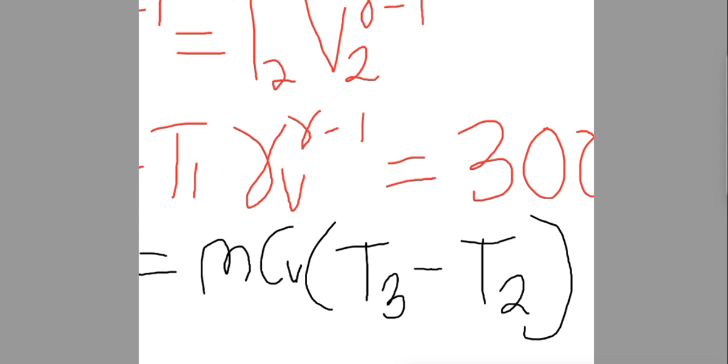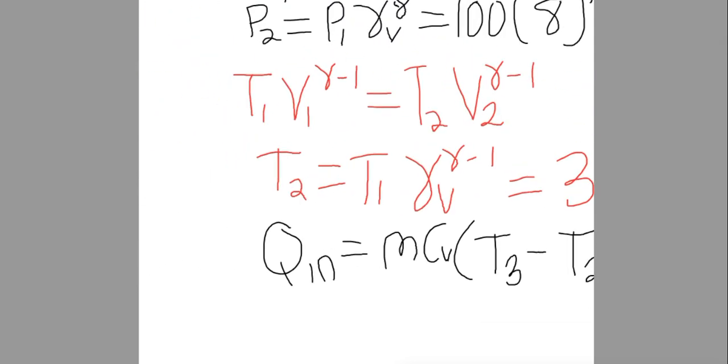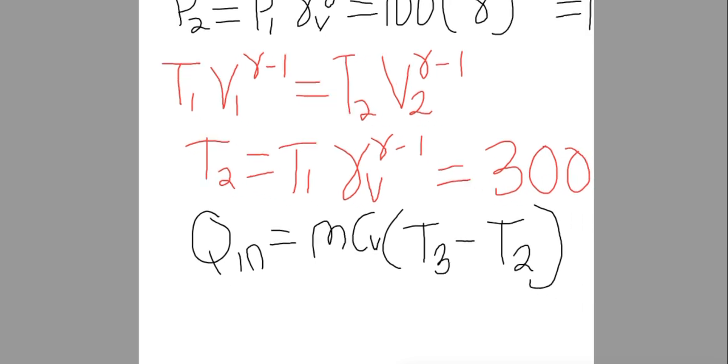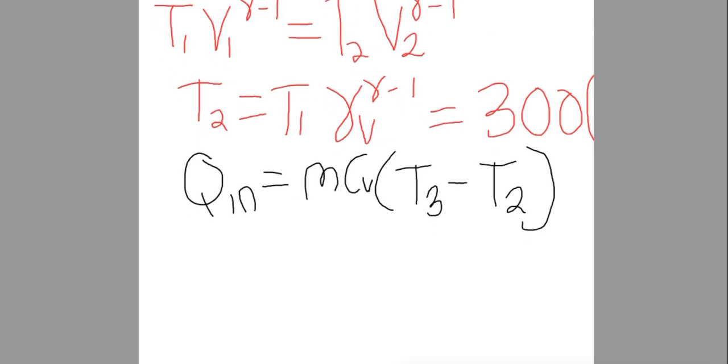So now this is the formula over here, and now we are just going to be calculating the heat per mass added. We are going to assume that the mass is 1, and we know our Cv is a constant, which is 0.718, which is something normally used. So we can just input these values here.